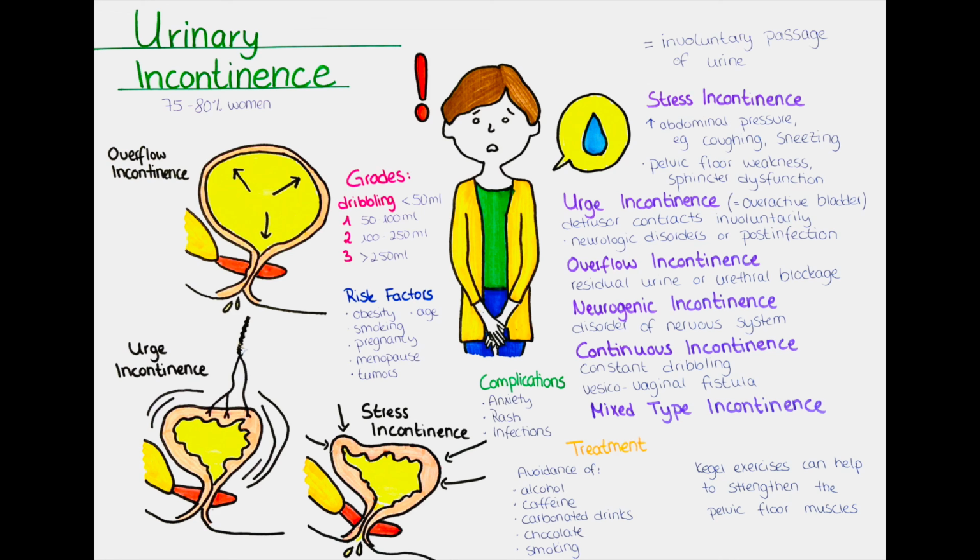Also, a healthy weight and quitting smoking can help to prevent the development of urinary incontinence. For women also, Kegel exercises are recommended. They help to strengthen the pelvic floor and so prevent pelvic prolapse, and they help to prevent incontinence before it occurs, but also to reduce it when already developed.